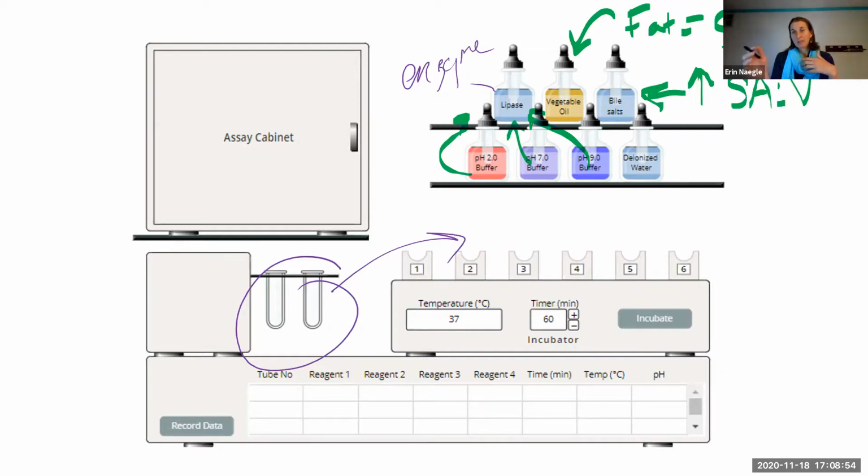And then the deionized water, what's that there for? Well, you're also going to be setting up some controls. And the deionized water is used to make sure that you have the same volume or the same concentration of solutes in all of your 6 test tubes.